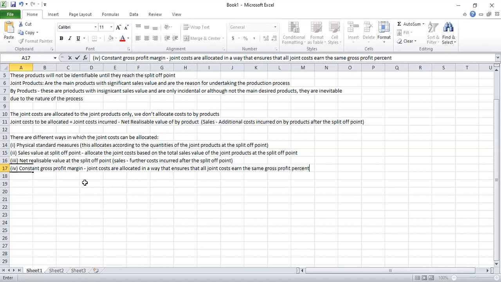So we can have a target gross profit. So we can allocate them in such a way that at the end of the day, the gross profit percentage for each product is the same. So these are the 4 ways that we can use to allocate the joint costs.